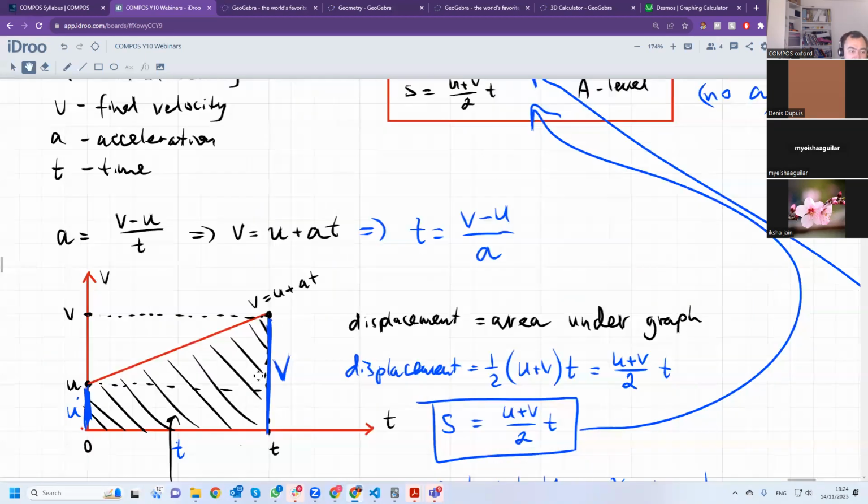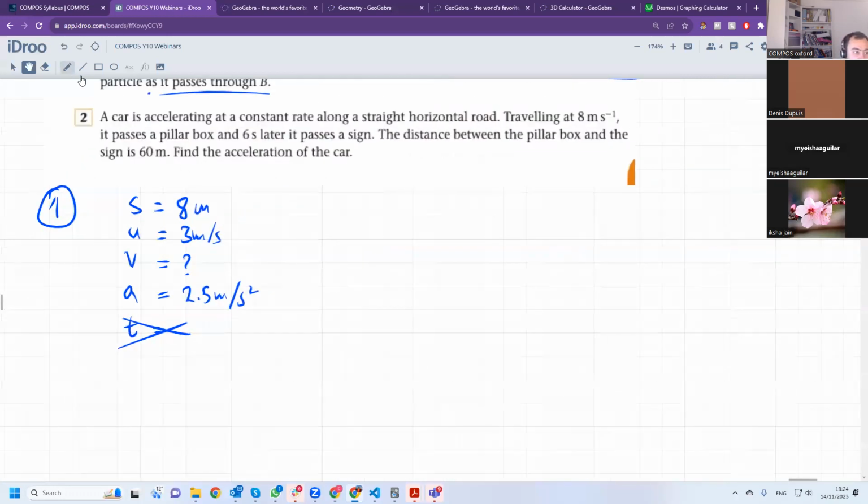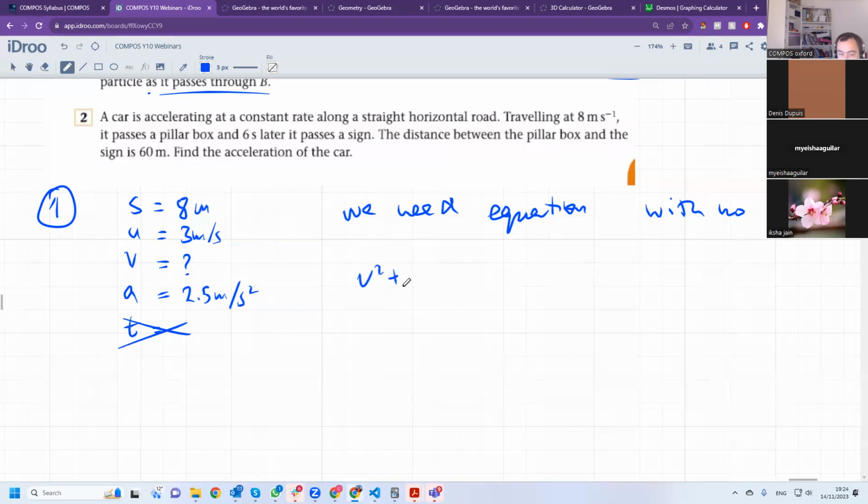So we need the equation that does not contain t, because we don't need t. So we have v squared equals u squared plus 2as.